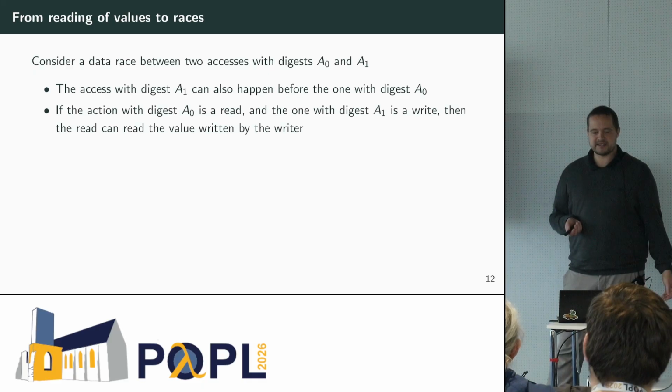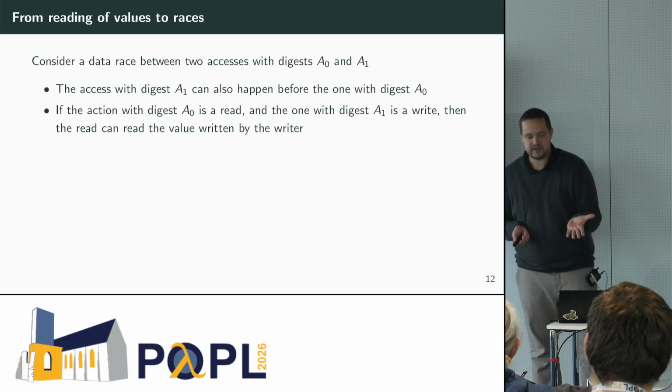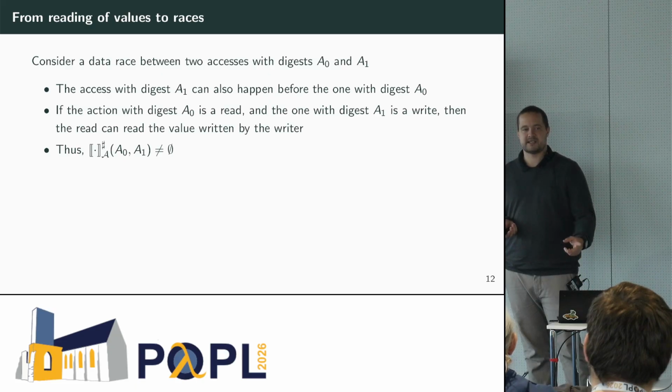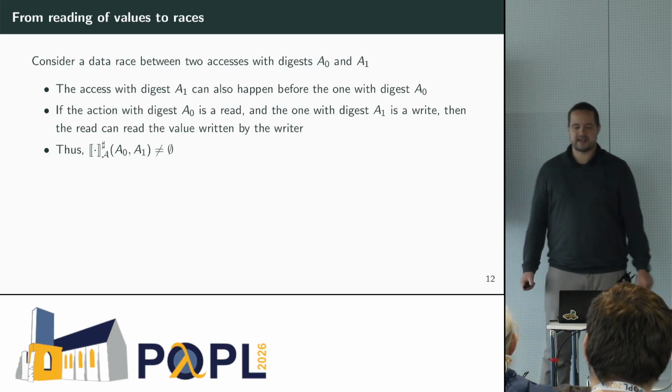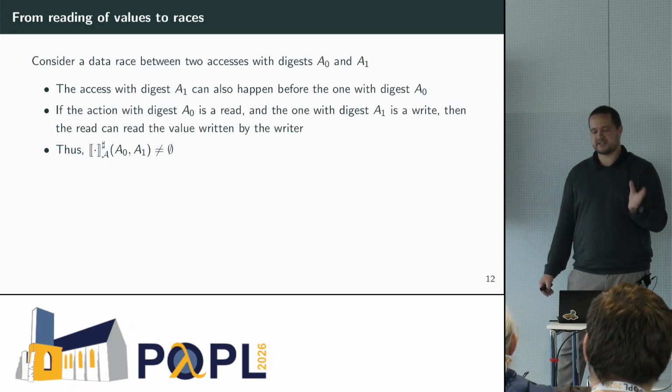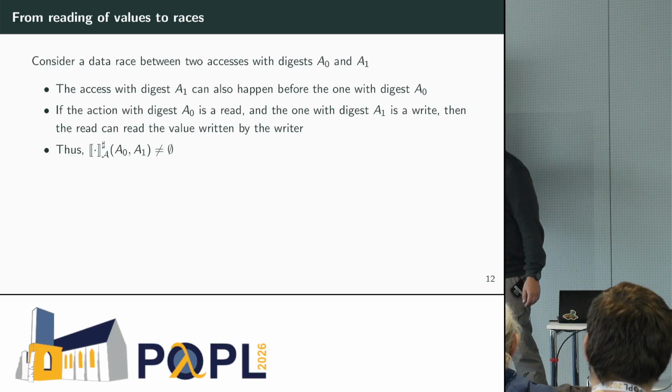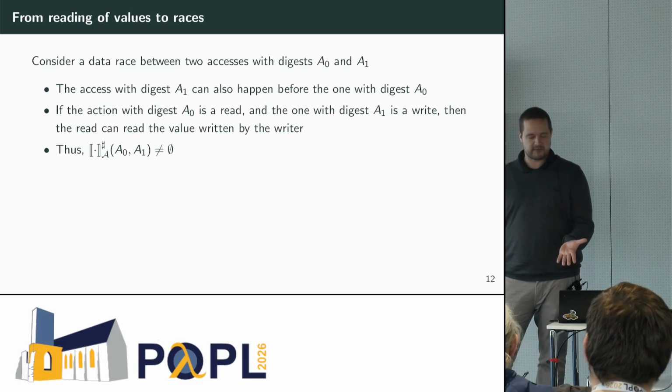If the access with the digest A0 is a read, and the access with the digest A1 is a write, then the read can read the value that was written by this writer. So basically what I conclude from this is that if there are two accesses with digests A0 and A1 and they are racy, then in this abstraction these digests must be compatible.